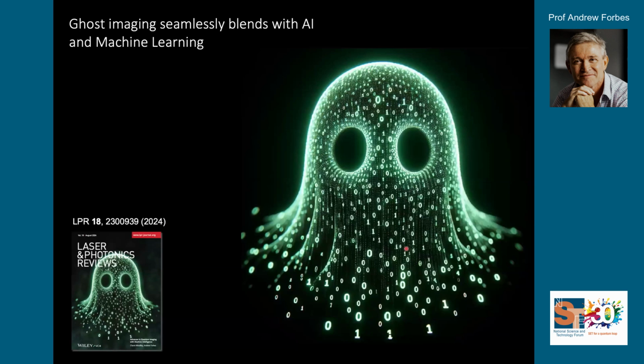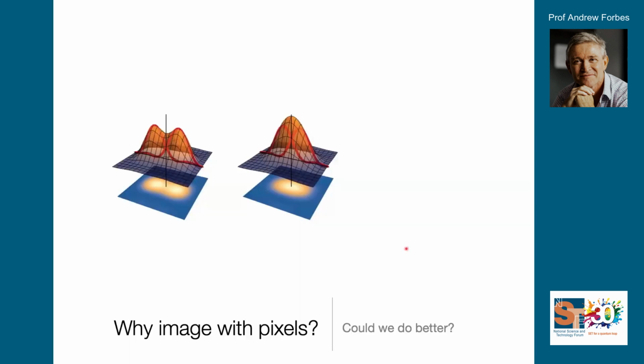So in the last example, I want to again break even further away from this idea of pixels. And maybe it's a little bit strange, but we can ask a simple question. Why do we even use pixels for our imaging? And you might say, but what else could you possibly use? Well, the idea is that you could use any spatial basis. So you could use patterns of light to try to describe the pictures that you see.